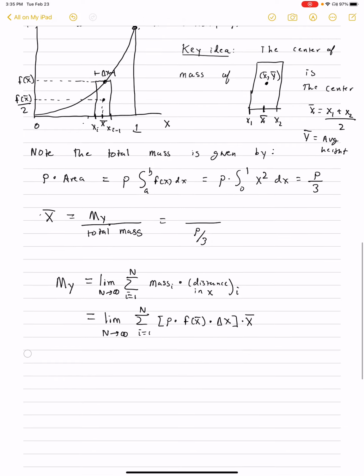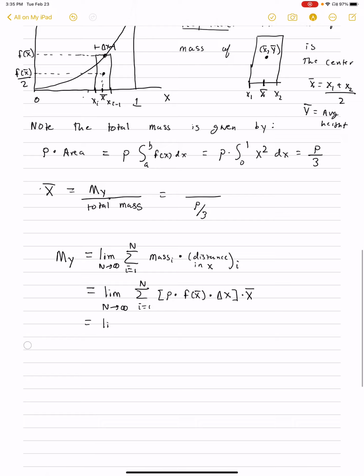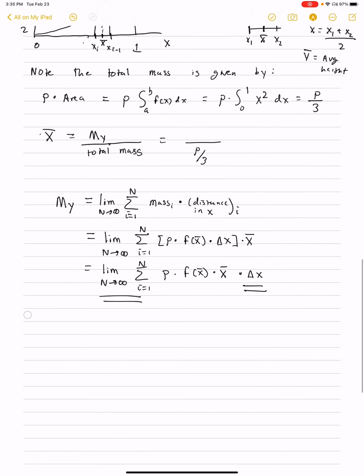When I do this, I can clean this up, and I get the limit as n goes to infinity of the summation from i equals 1 to n of rho times f of x bar times x bar, multiplied by delta x. I have three ingredients here: an x bar, a limit, and a summation. So I can write this as the integral from a to b of rho times x multiplied by f of x dx.